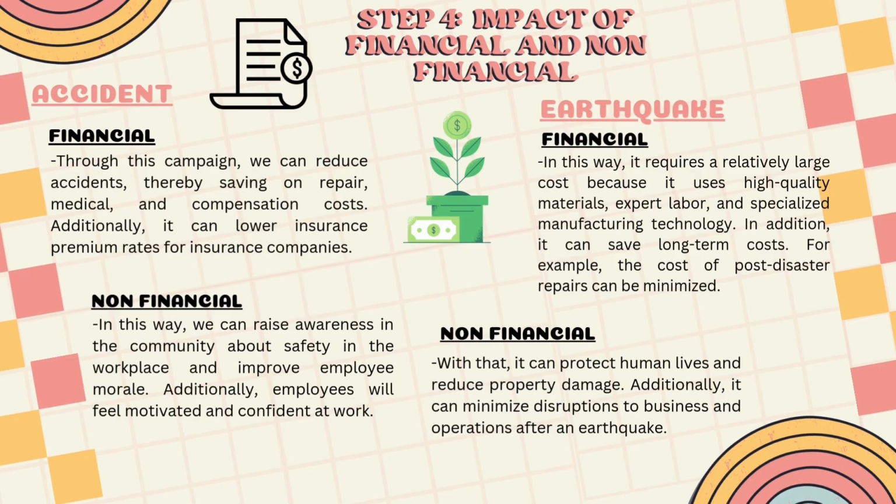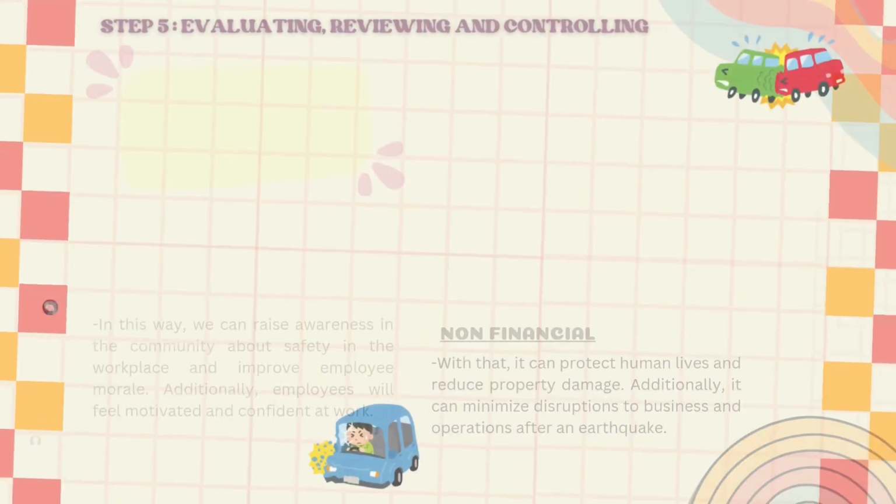For earthquake preparedness, this campaign reduces long-term repair expenses. It protects lives, minimizes property damage, and ensures business continuity after disaster. Both campaigns bring financial and non-financial benefits, creating a safer and more resilient workplace.